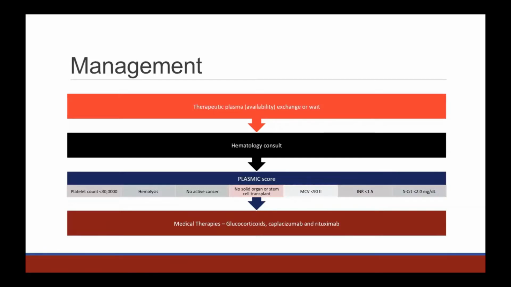Moving on to management of our patient. So the main question for a patient presenting with a new stroke, hemolysis, and confirmation of MAHA from their peripheral smear would be to initiate therapeutic plasma exchange or to wait and fix any underlying issues that may be causing these symptoms.